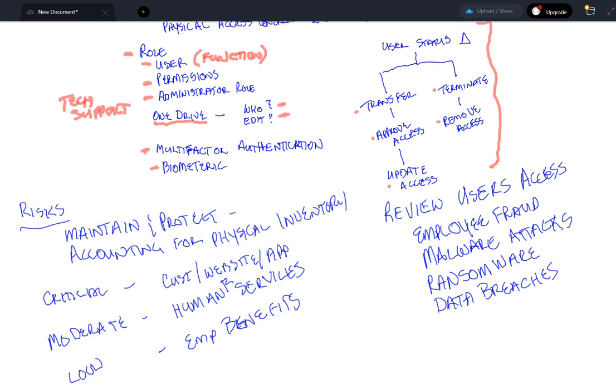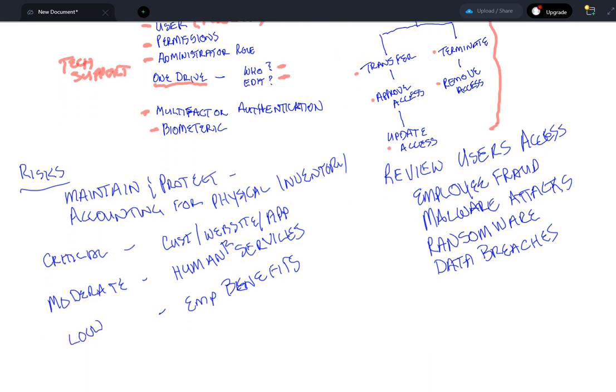So we want to look at risks here that we might have. The first thing that we have to do with system controls like this is to maintain and protect the system, and basically we need to account. For an example, when we're talking about risks, we want to maintain the system, but in accounting, one risk is physical inventory. We need to be aware of what those things are or where they are, and that they are accounted for.